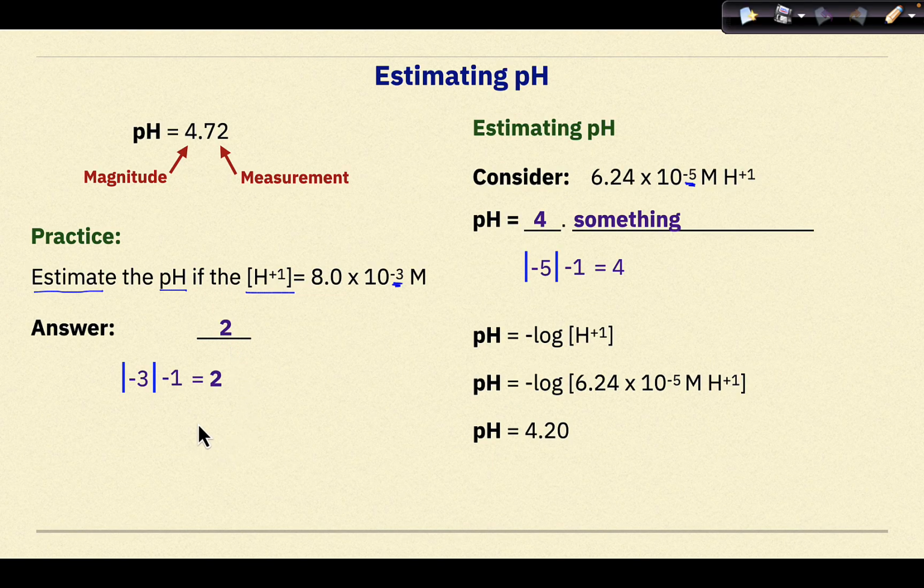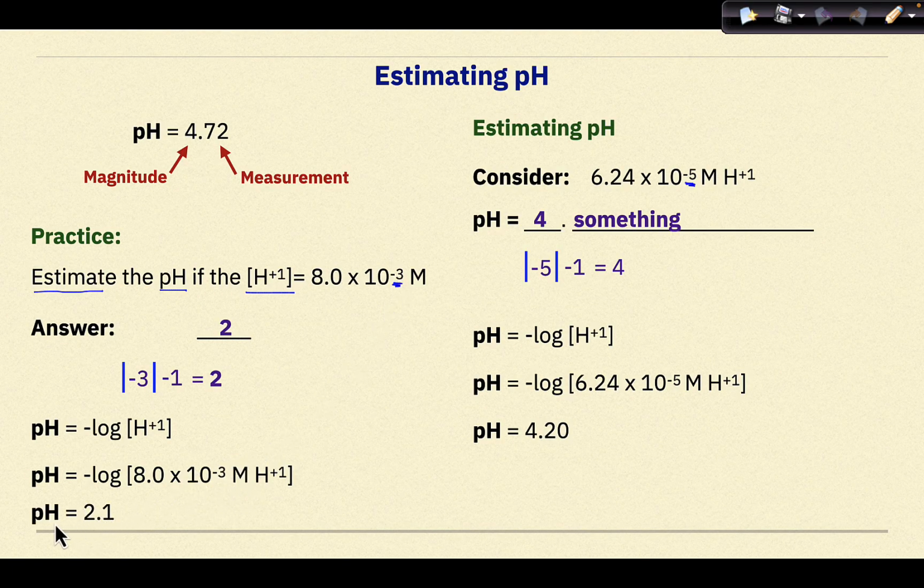If we wanted to calculate the pH, pH is equal to the negative log of the hydrogen ion concentration. We would substitute in the 8.0 times 10 to the negative 3 value into our formula, and then our calculation would find our pH to be 2.1, which has the same number of significant figures as our original concentration.